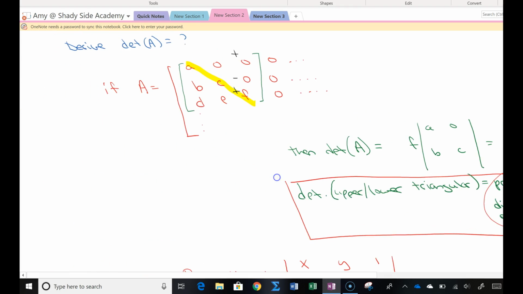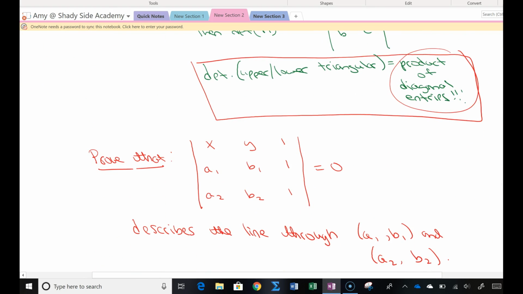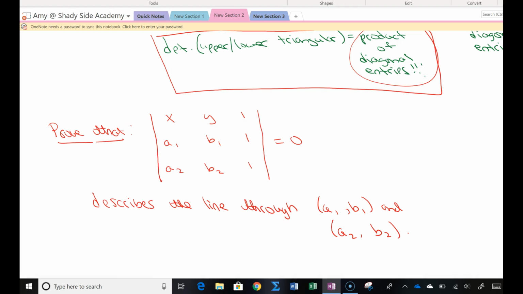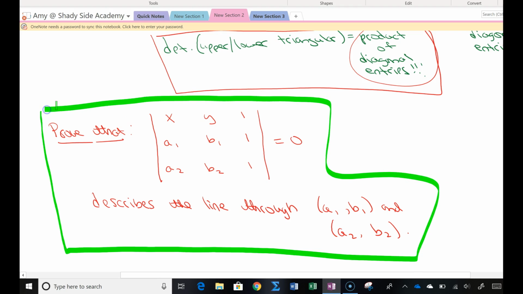Here's the last thing I would like you to work on to close out your discussion day. We're just beginning this, but there are some interesting questions you can do, and this will be a nice discussion point. Look at this equation that involves a determinant.